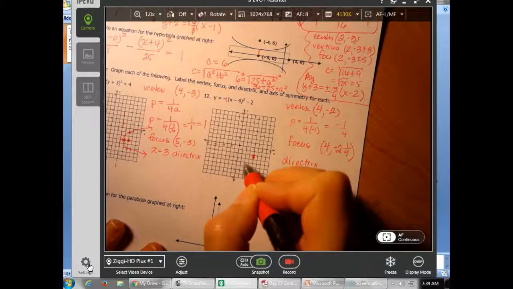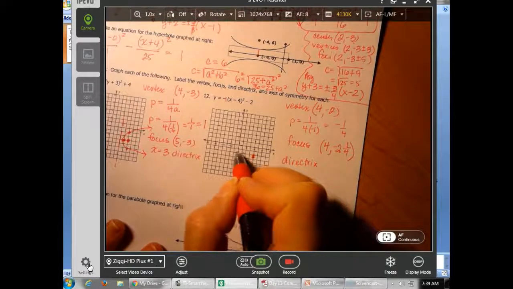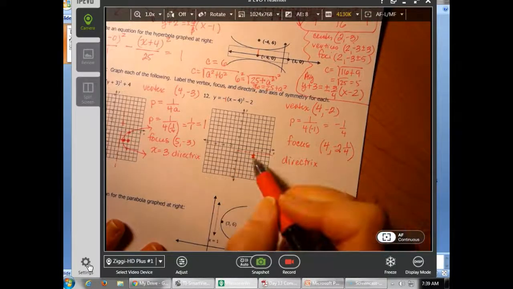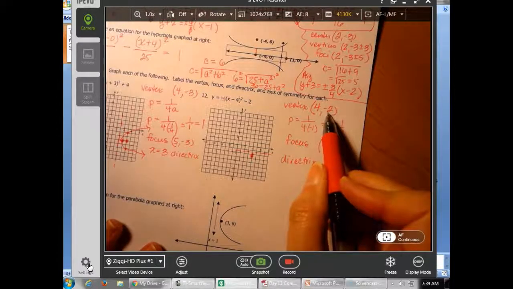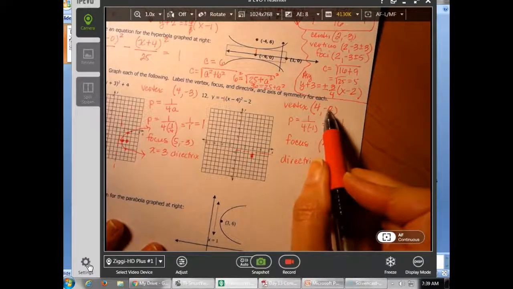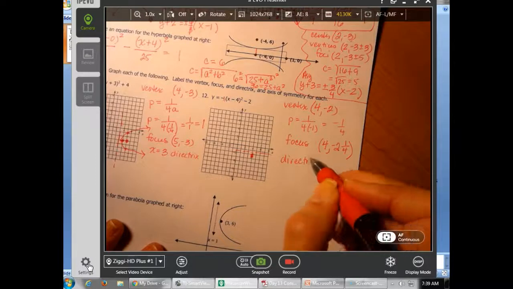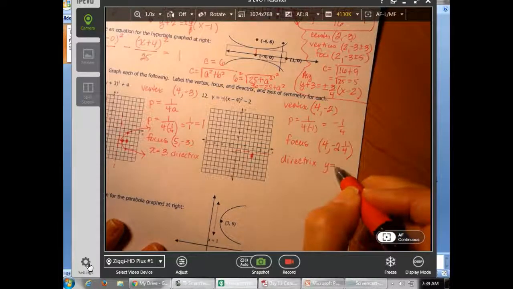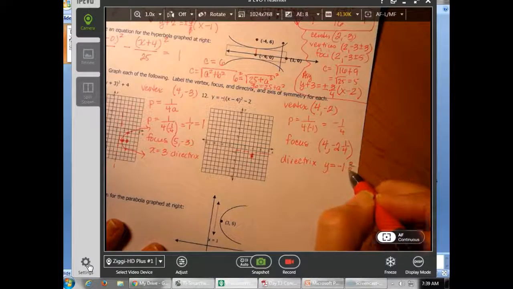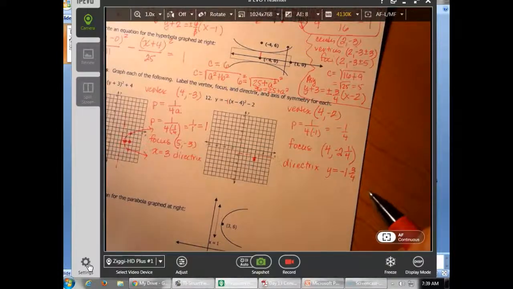Remember, this is going to open down in just a minute, so the directrix is barely going to be above this. So I'm going to take this -2 and go up by 1/4. That leaves me at y equals -1 3/4. You're going to have your calculator, so you can do that in the calculator to help you out as well.